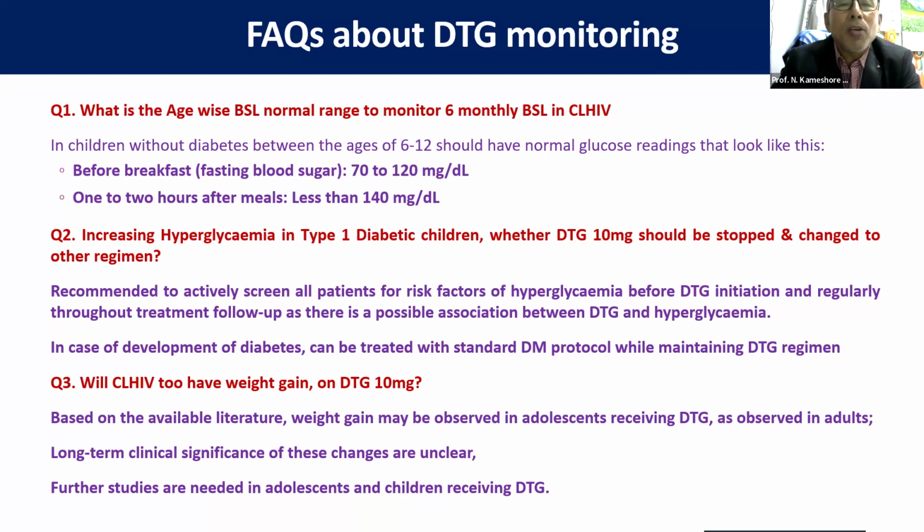So this can always be considered if there is increasing hyperglycemia in type 1 diabetic children, whether dolutegravir should be stopped or changed to other regimen. Dolutegravir is to be continued, and we have to do management for hyperglycemia by drugs and dietary recommendations. And in case of development of diabetes, the diabetes mellitus treatment protocol can be followed along with DTG.